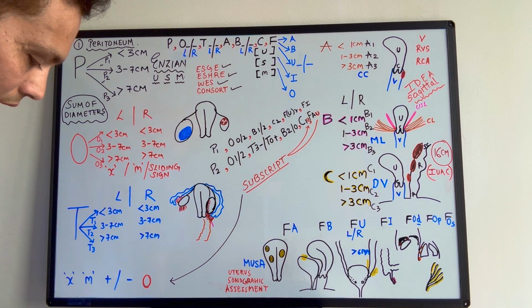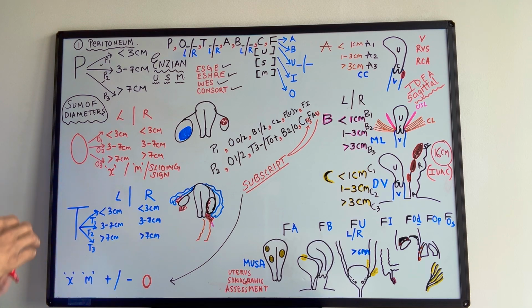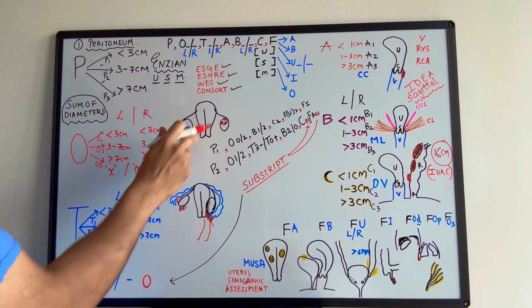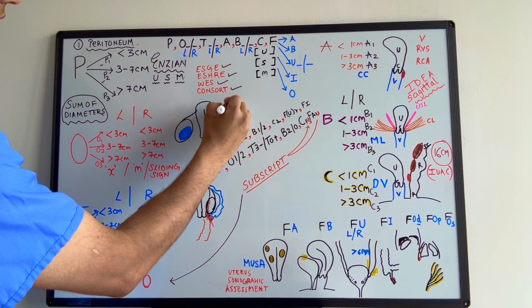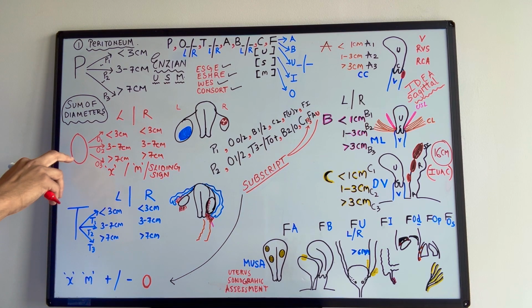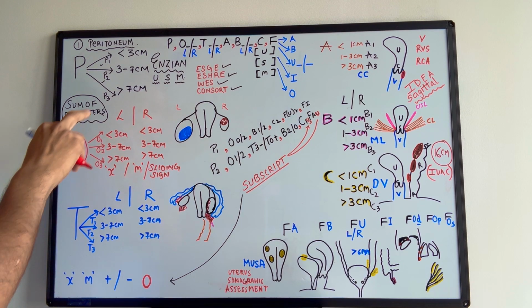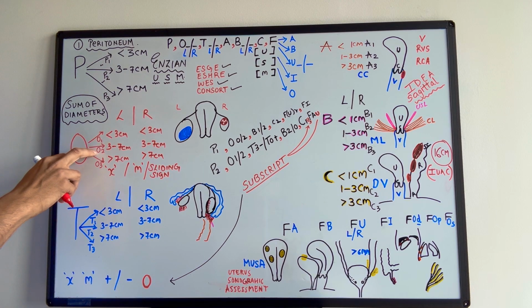Now we move on to the next one, which is O, the ovary. Ovary is a paired organ. If we take this diagram, let's say this is the right side and this is the left side. The Enzian classification says that the ovary is divided into O1, O2, and O3.